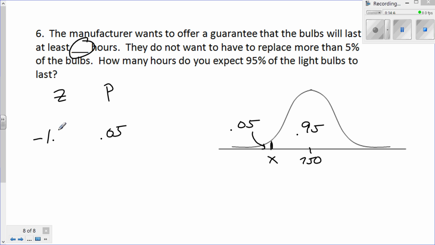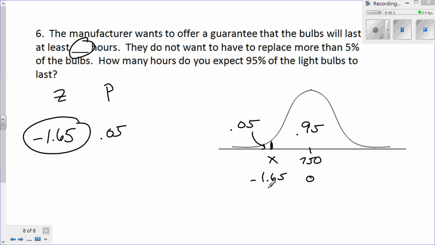Did you come up close to negative 1.65? That's going to be the z-value we use. So if we're on a standard normal curve with a mean of 0, then at negative 1.65 standard deviations left of the mean, 5% of the data will be in that interval to the left. 95% will be greater than that.